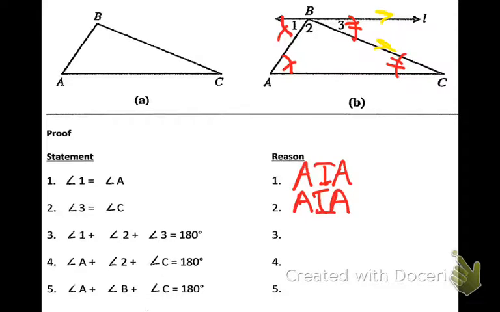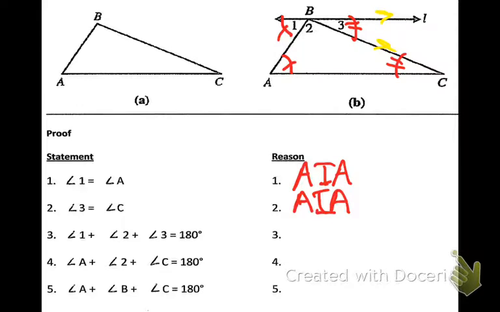Step 3. Angle 1, angle 2, and angle 3 equals 180. How do I know that? What is the angle made by 1, 2, and 3? What do we call that? Well, no, two angles are supplementary.